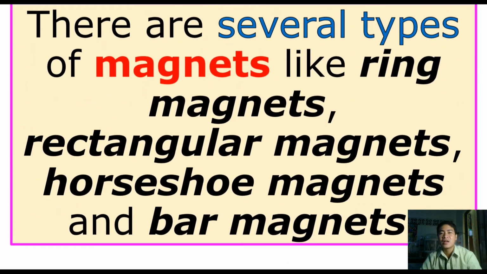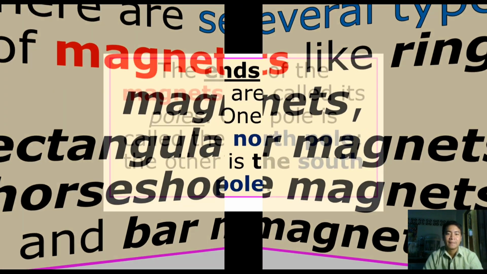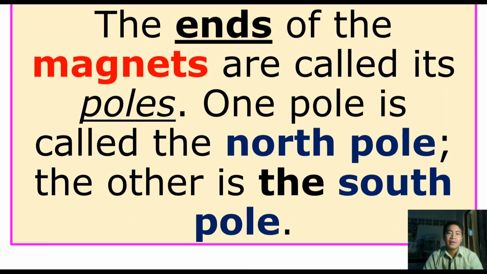So there are several types of magnets, like ring magnets, rectangular magnets, horseshoe magnets, and bar magnets. I provided images for you to know these types of magnets. The ends of the magnets are called its poles.